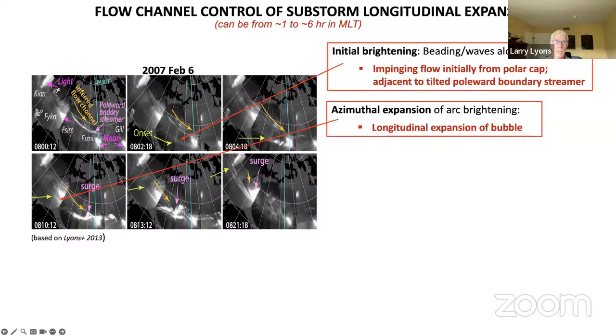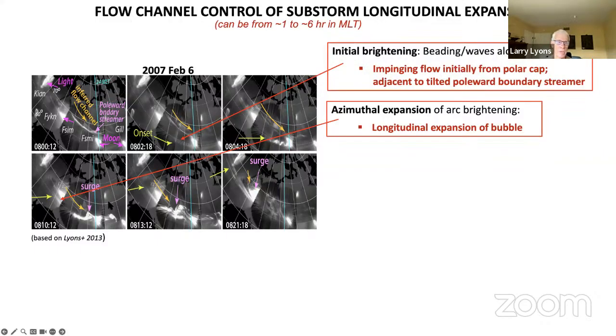Now, initially, you get the onset and the beating, and that brightening expands azimuthally. That's the azimuthal expansion of the bubble, like you see in the Rice convection modeling, due to the magnetic drift. But then a little later, the expansion activity forms the bulge, which goes into the polar cap, and you start to get the westward traveling surge.